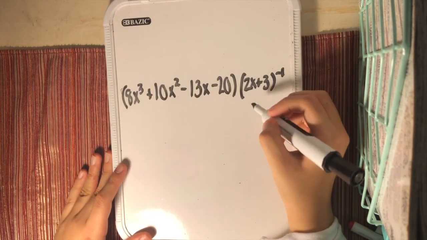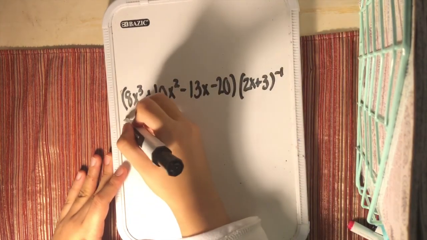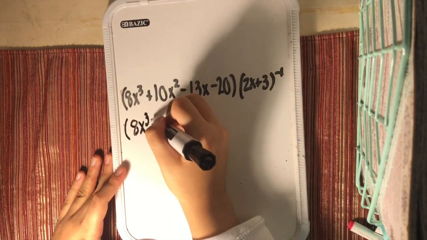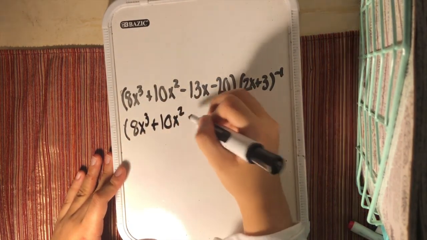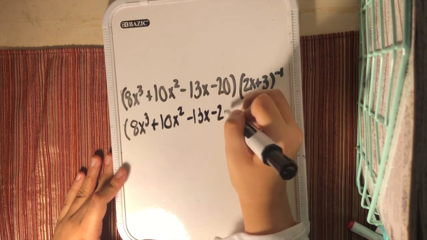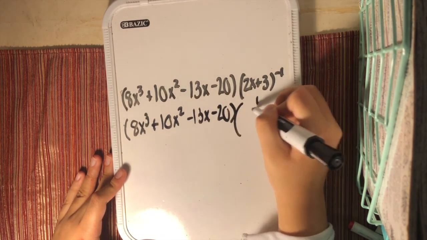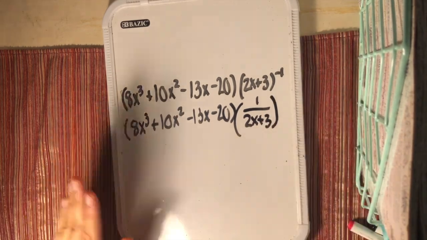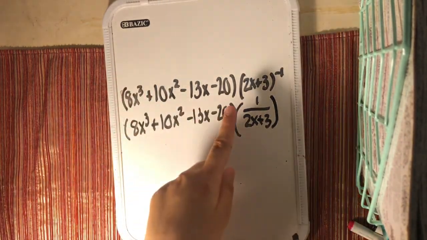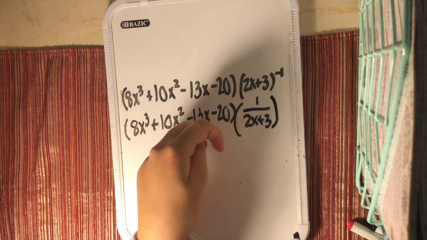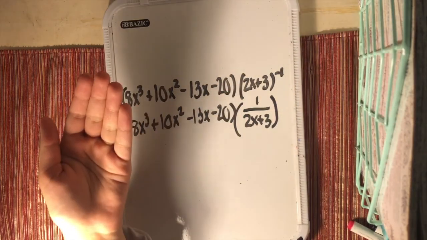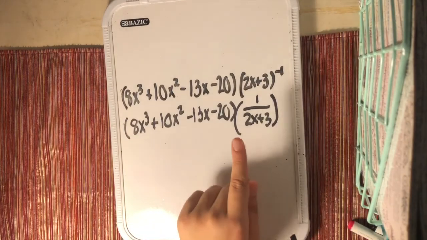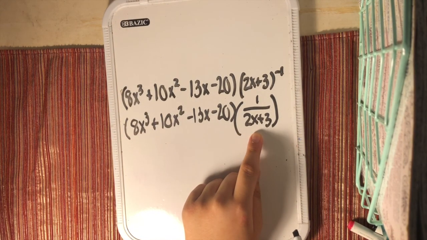So this can be rewritten as 8x cubed plus 10x squared minus 13x minus 20 times 1 over 2x plus 3 to the first power. To the first power will just mean this same thing. Anything to the first power is that number itself. So this means 1 over 2x plus 3.